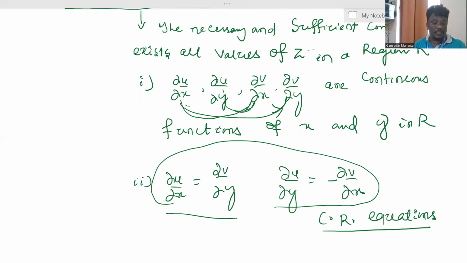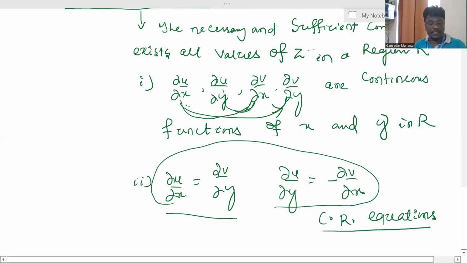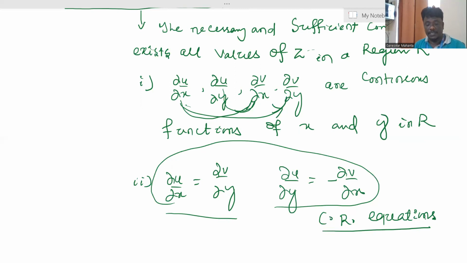So the necessary condition for the existence of the derivative of f of z is that the CR equations should be satisfied.